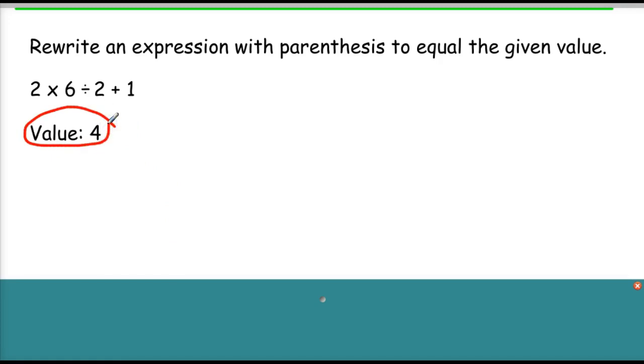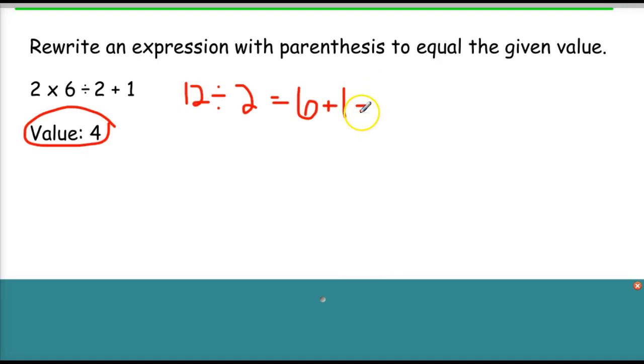Now, if I have the value of 4 and I look at this problem right now, I would see that the answer is not 4 because I'm going to go from left to right because I don't see any parentheses. So I'm going to do 2 times 6, which is 12, divided by 2, which equals 6. And then I'm going to add 1, which equals 7.